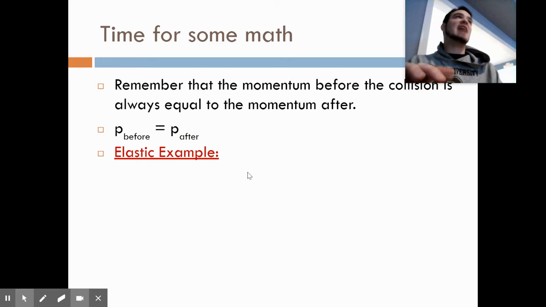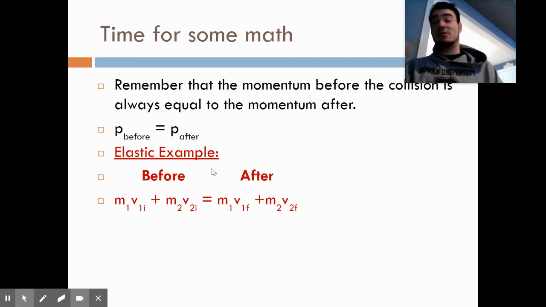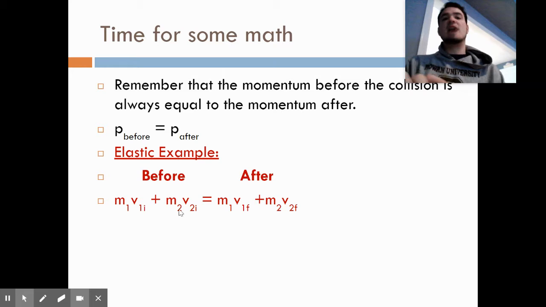Here's an elastic example: two objects that are hitting each other. The example we do here is billiard balls that are going to collide. And this is the equation. I would pause your video now and record this: the mass 1 and velocity 1 initially plus the mass 2 and the velocity 2 initially has to equal the mass 1 and the velocity 1 final plus mass 2, velocity 2 final.